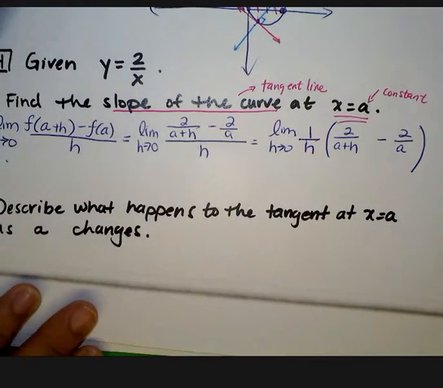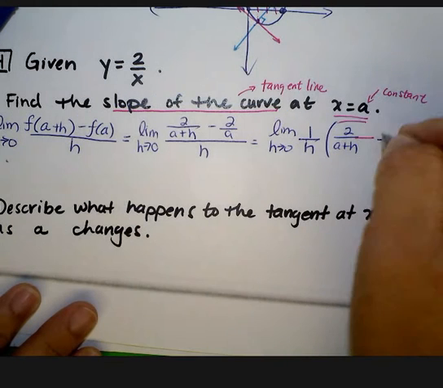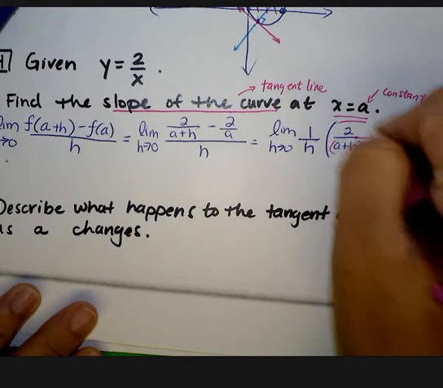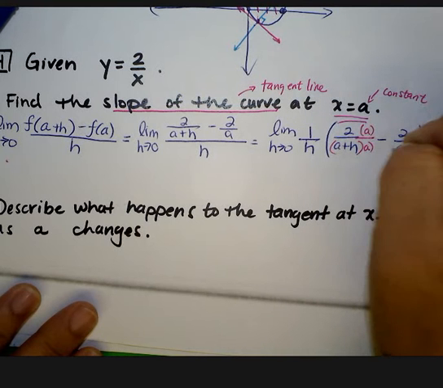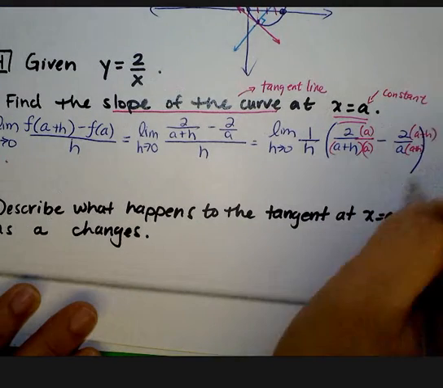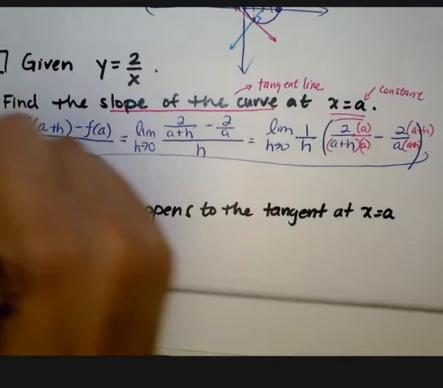But I want a common denominator, so I'm gonna multiply this by a over a, and I'm going to multiply this by a plus h over a plus h. Okay? Is that okay? Let's move this over here.